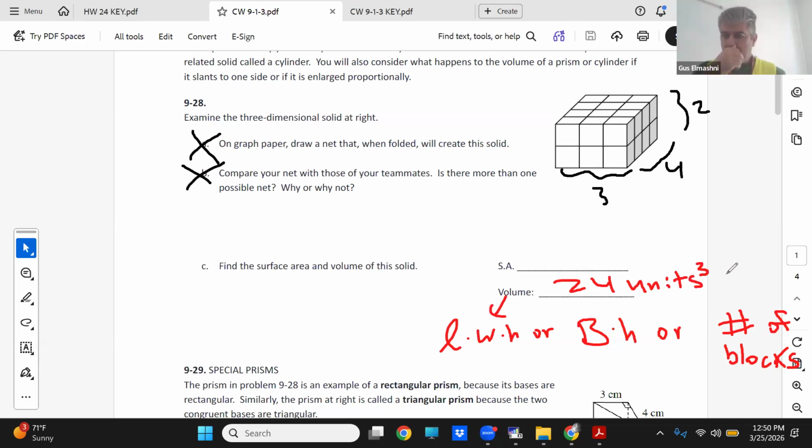Okay. Now let's look at surface area. For surface area, let's do front, back, left, right, top, bottom. Or if you really just think about it, didn't we just say you could do the perimeter of the base times the height?